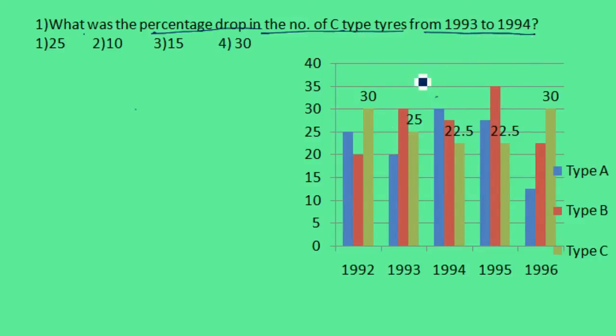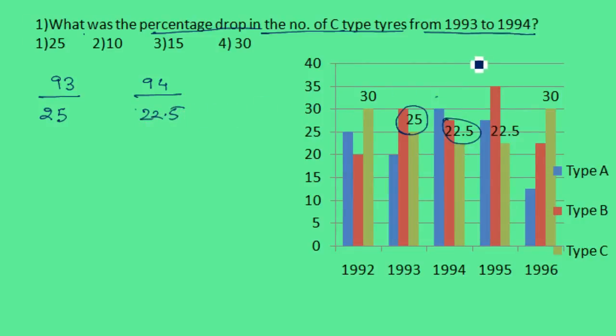In 93 C type tire is 25 lakhs, and in 94 it is 22.5 lakhs.